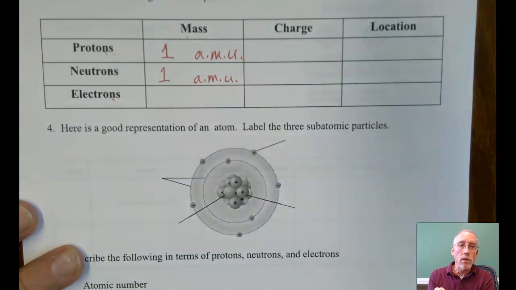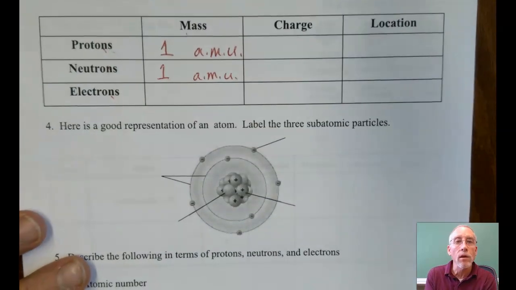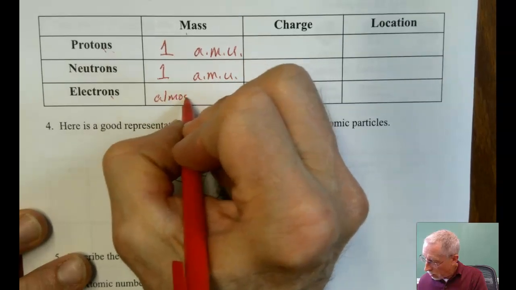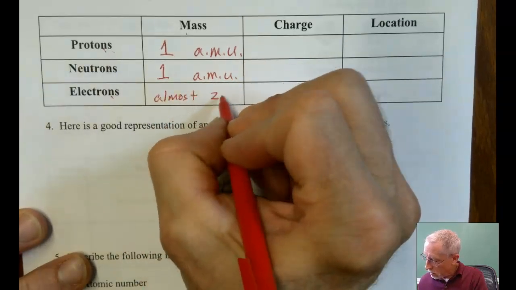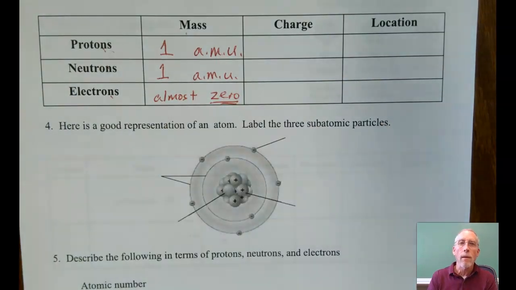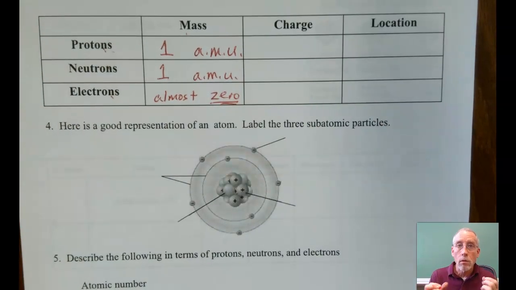But an electron, and this is very important to know, electrons are very different in their mass. They are almost 0 mass. I say almost because they do actually have a little bit of mass. It's about, you ready for this? About 1/2000th of an AMU.